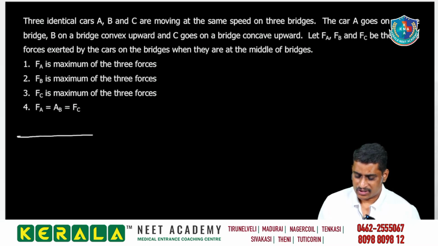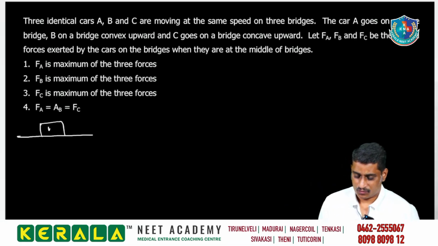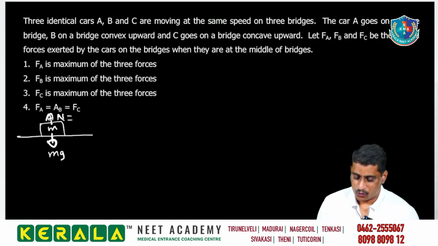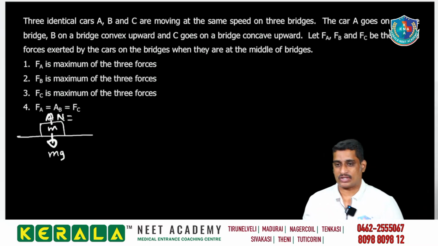Initially, first car A is moving along a straight line, plane surface. Over this, 2 forces are acting. One is mg and the other one will be normal force in vertical direction. This normal force is the force exerted by the car over the bridge or bridge over the car. Both are nothing but one and the same, action reaction forces.